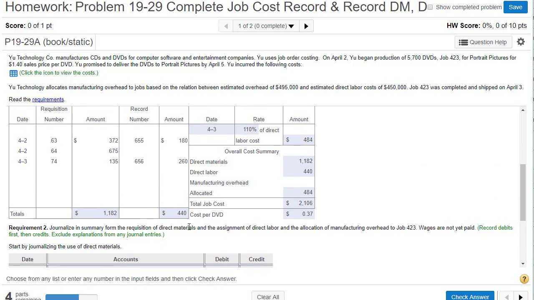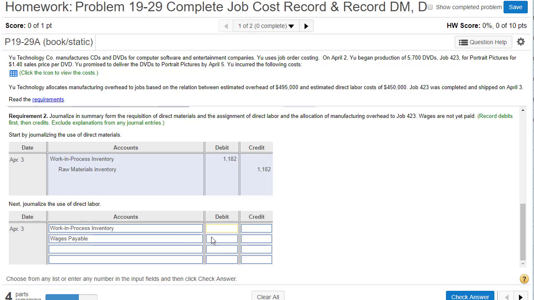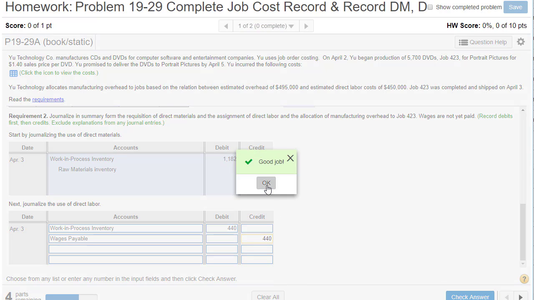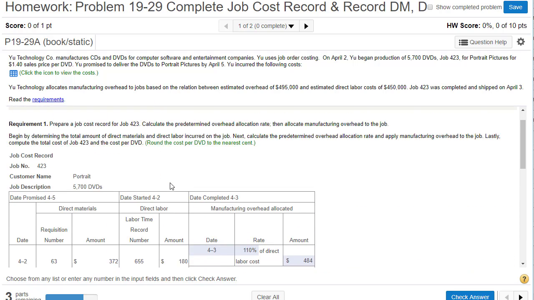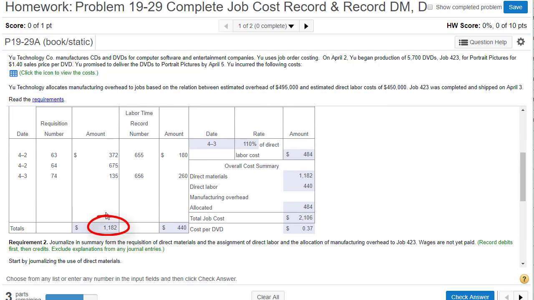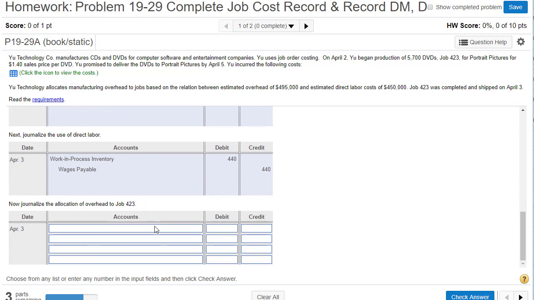And the amount of wages comes from the direct labor section, so $440. So really what we're doing here is journalizing, just taking these totals and putting them in our journal, which would then get posted to our T accounts.